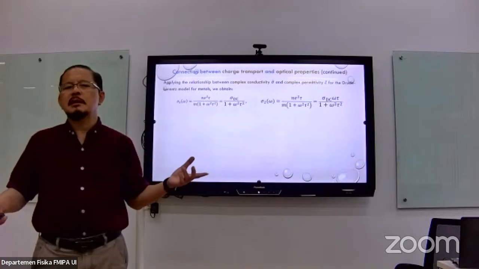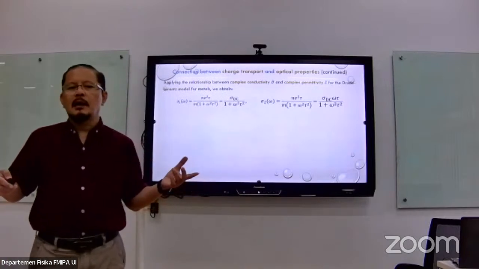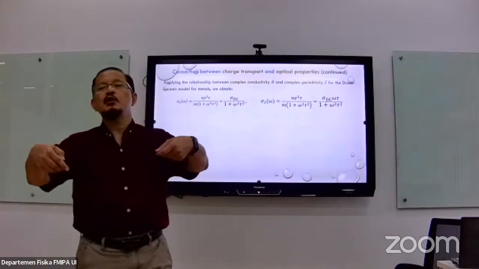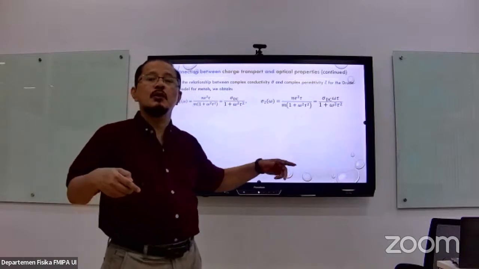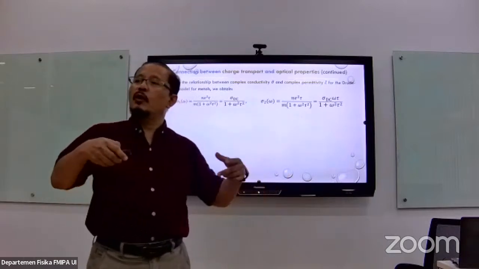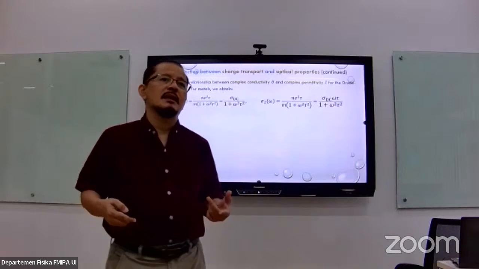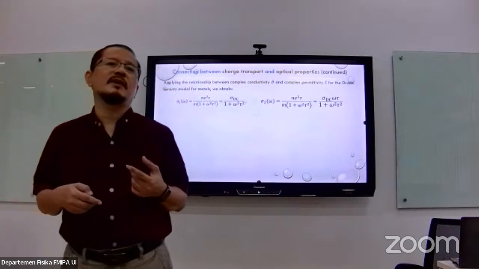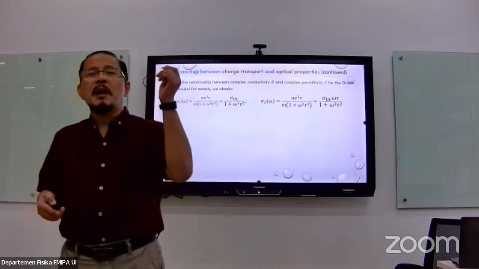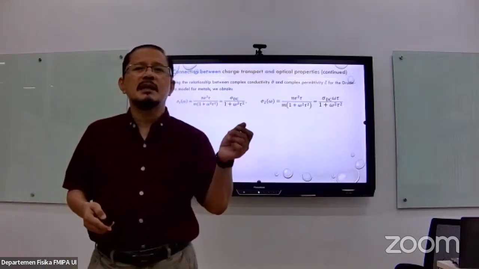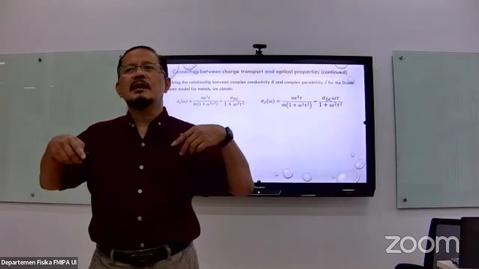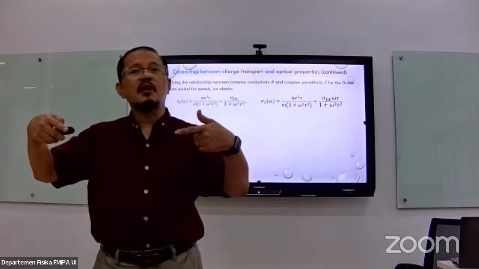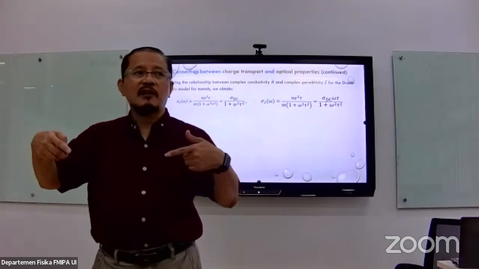You can imagine that whenever you apply a DC voltage, you can still use this theory. How do you use this theory for DC conductivity? It is simple. DC conductivity means the conductivity associated with constant voltage, which means a constant electric field too.